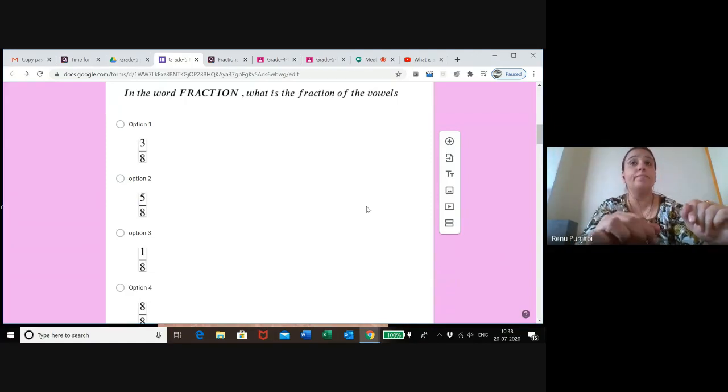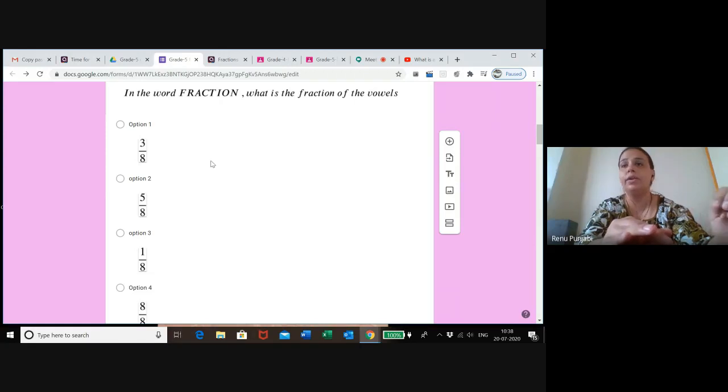This type of question we have done in grade 4 also. In your summative or formative, I asked how many vowels are in the word umbrella. Now here, what is the fraction of vowels in the word fraction?